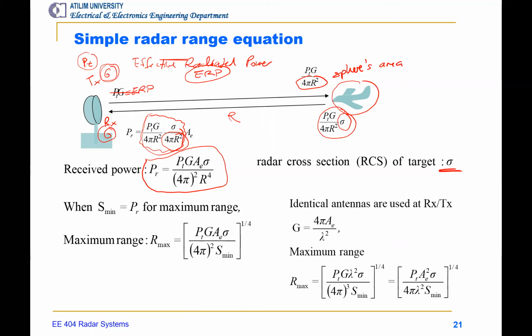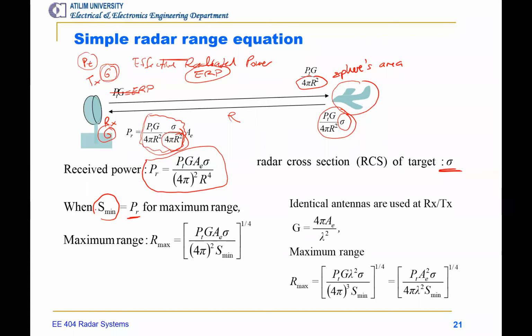Now, the maximum distance that we can achieve can be calculated from the received power. The minimum power that I can detect will determine the maximum range. So if I equate the received power to the minimum detectable signal, then I will determine the maximum distance, which is the radar range.